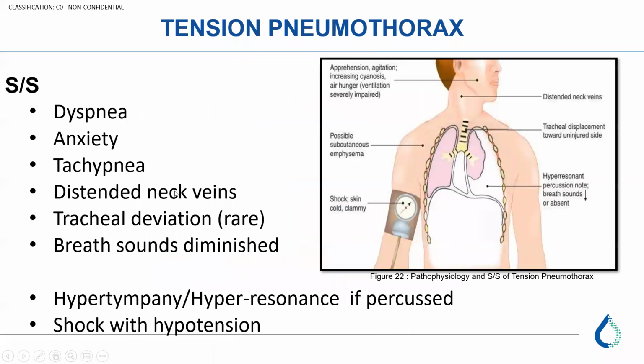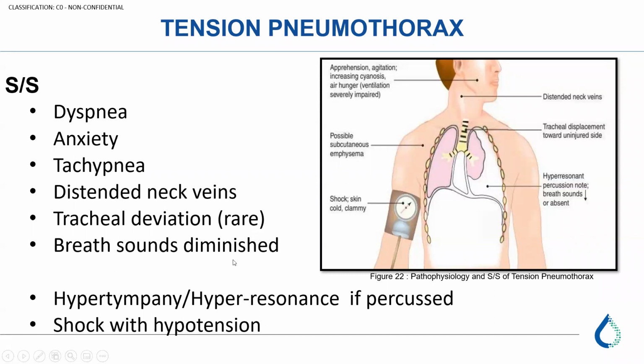Okay, what are the signs and symptoms? Dyspnea, anxiety, tachypnea. Look at the chest, distended neck veins. Trachea, you can palpate for the tracheal deviation. You cannot inspect for it, but you can palpate. But rarely, this is a late sign.